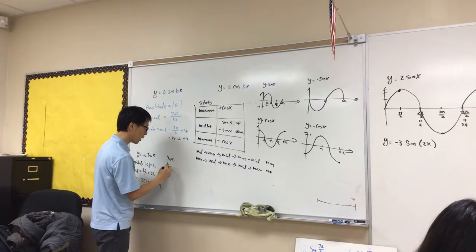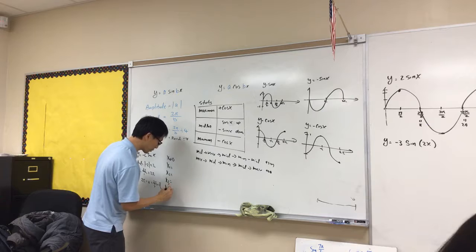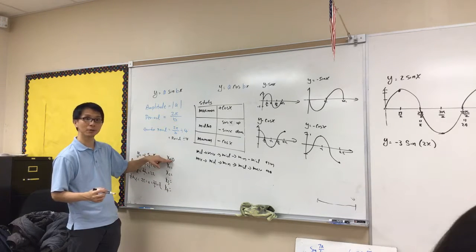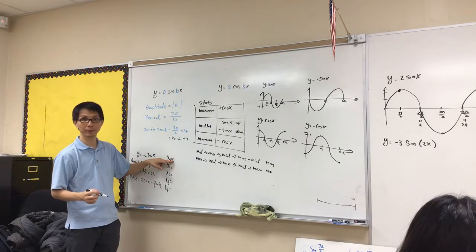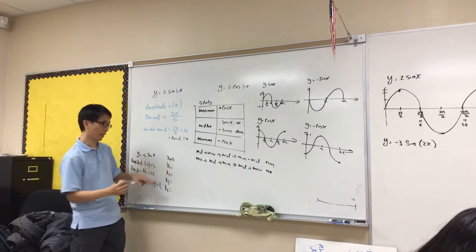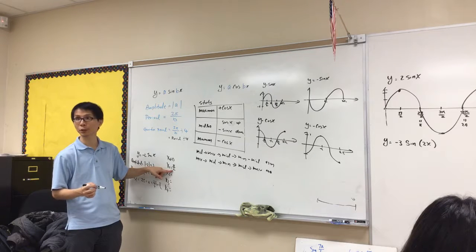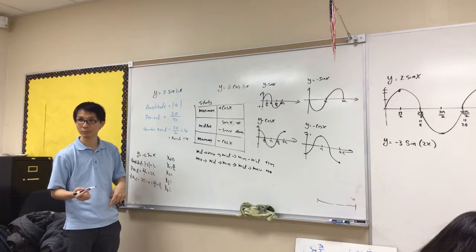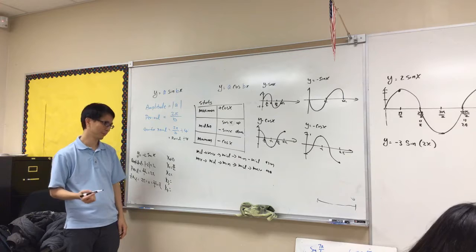I'm going to have 5 coordinates: x1, x2, x3, x4, x5. What are those 5 coordinates? Well, I'm going to start from 0 and add a quarter period. So what's 0 plus a quarter period? Pi over 2, right? Now I start at pi over 2 and add another pi over 2.